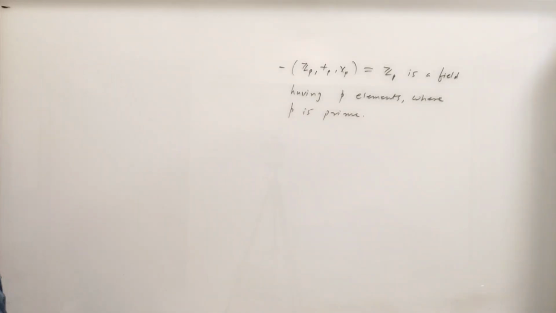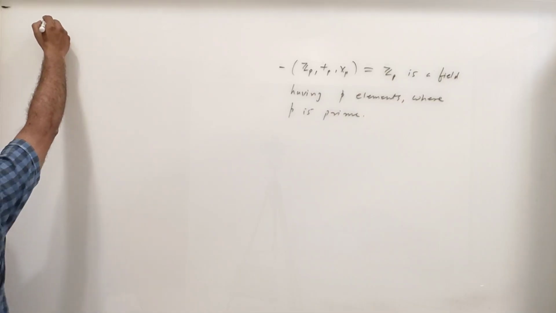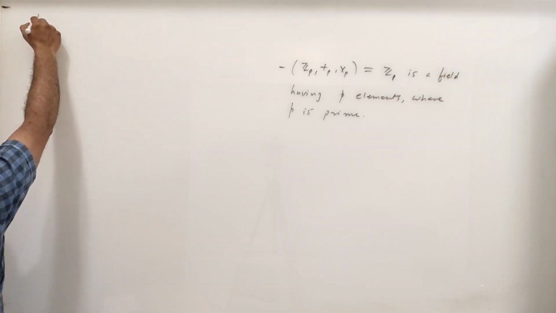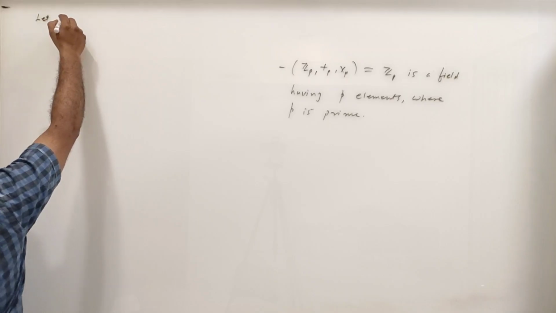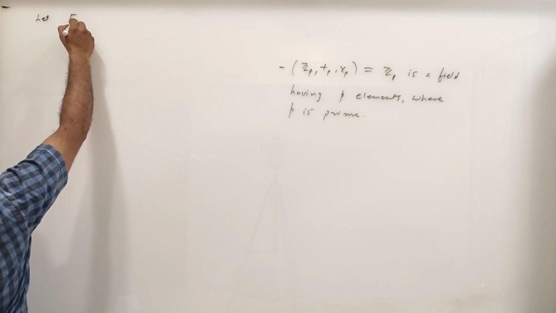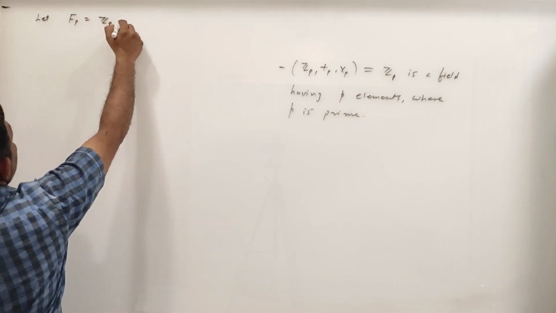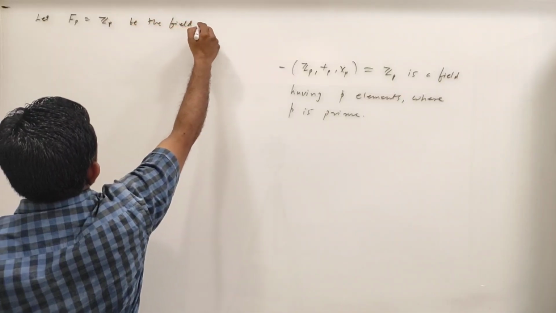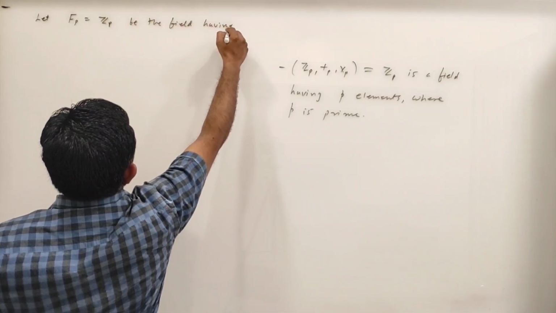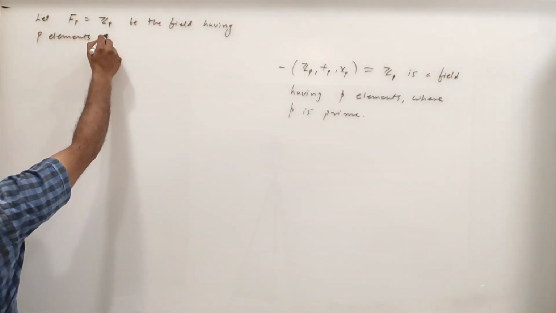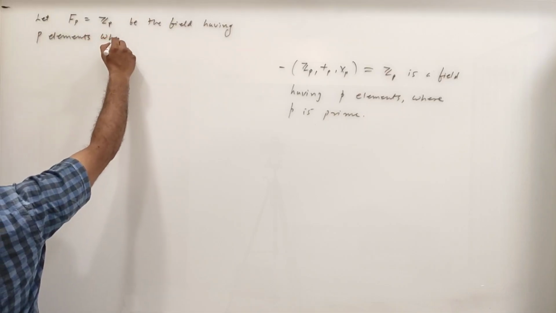Yes. So now my question is this one: what is the cardinality of GL_n(Z_p)? Let F_p = Z_p be the field having p elements, where p is prime.